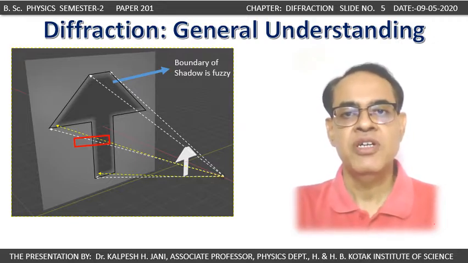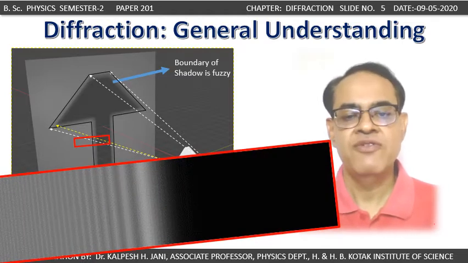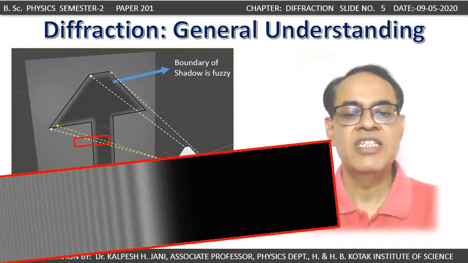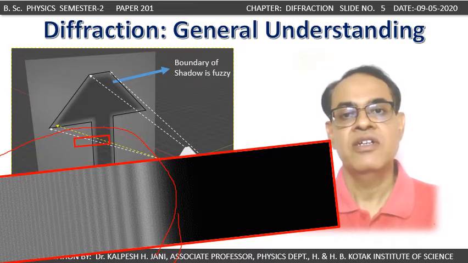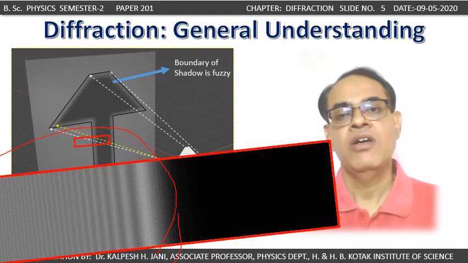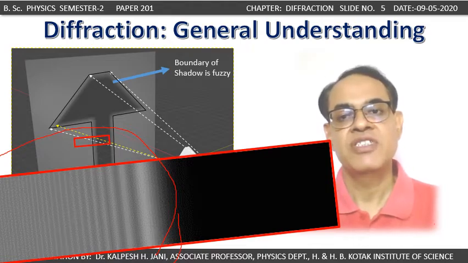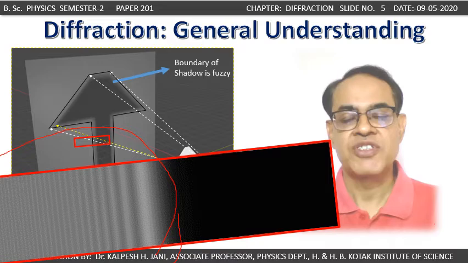When we zoom it, we find that this fuzziness is actually the formation of some type of fringes. You can see the formation of fringes at the boundary of the shadow, and these fringes just grossly look like a fuzziness in the boundary of the shadow.